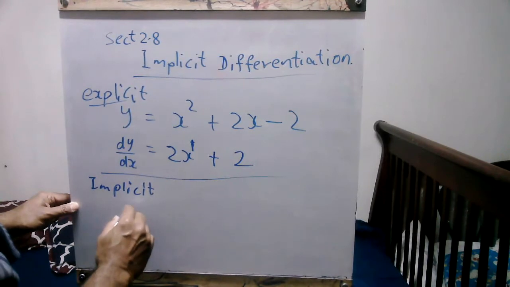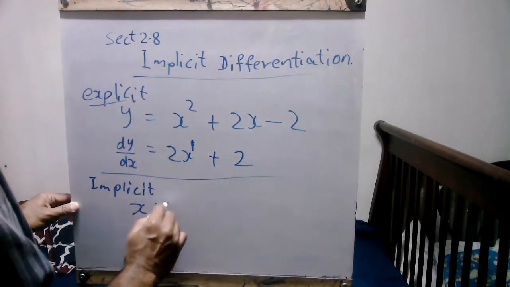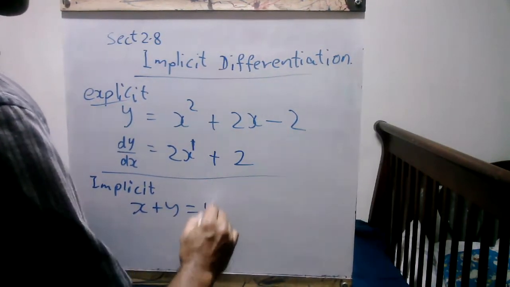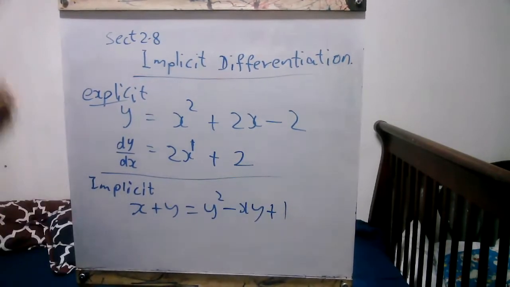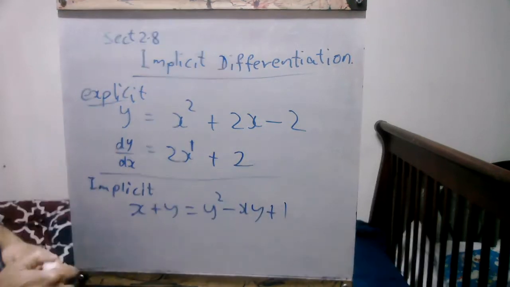If you get a function like x plus y equals y squared minus xy plus 1, here x and y are mixed in this equation.